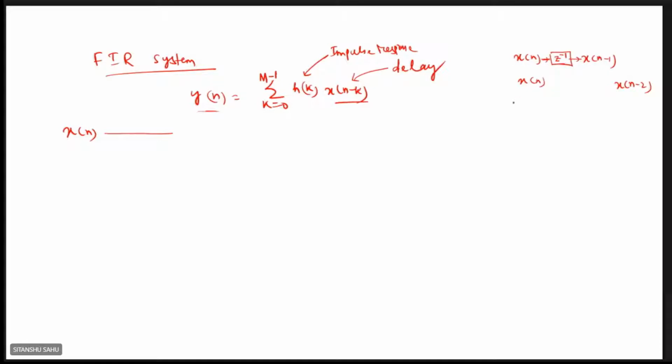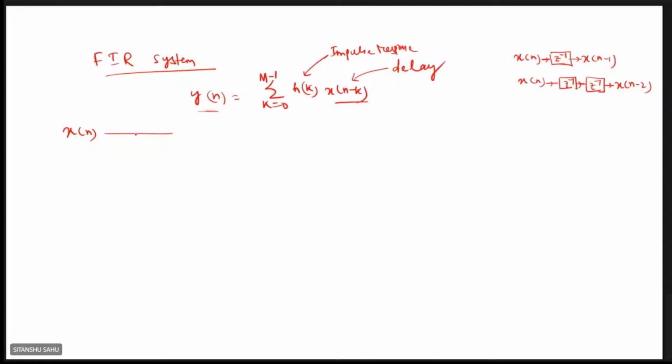That means 2 unit delay. So what should I get here? z inverse, then cascade another z inverse. That will give me x of n minus 2, isn't it? Similarly, I go on up to the kth number of delays to realize this FIR system.